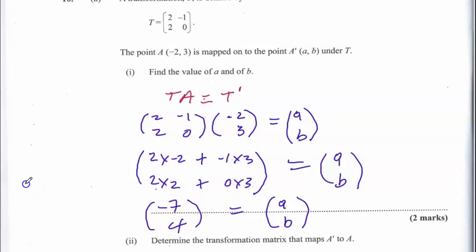So a is equal to minus 7 and b is equal to 4.